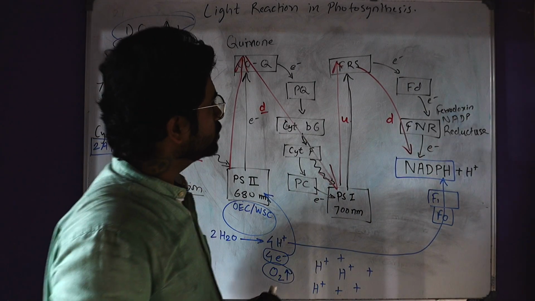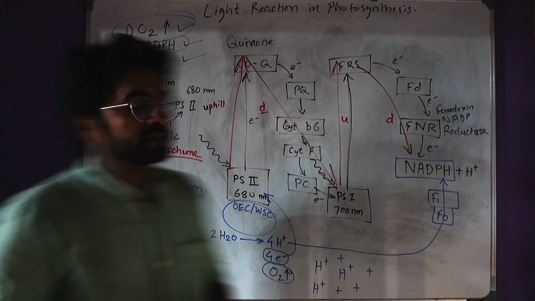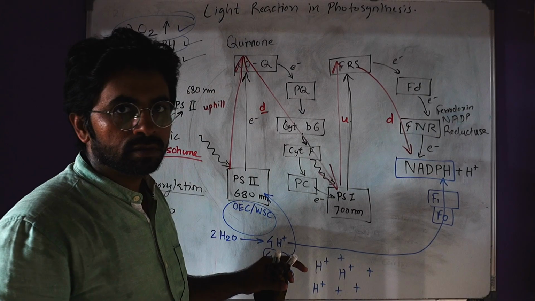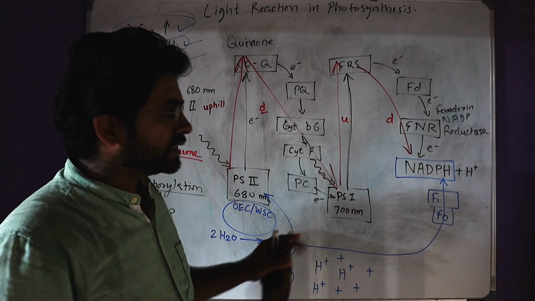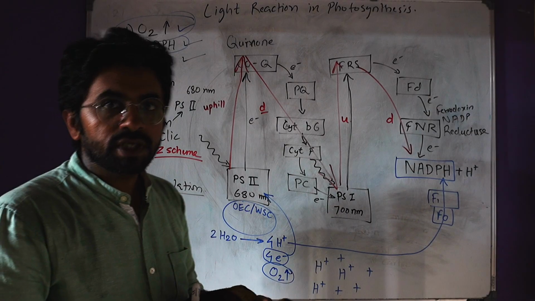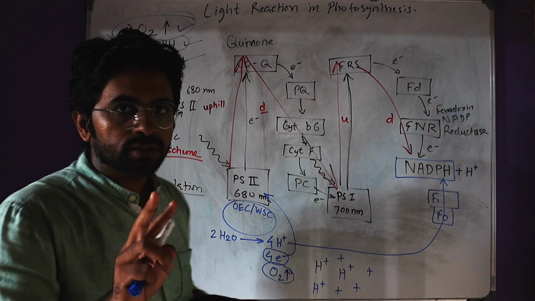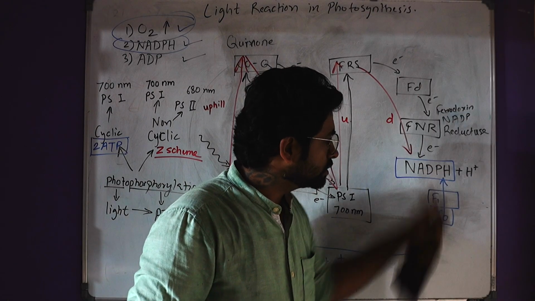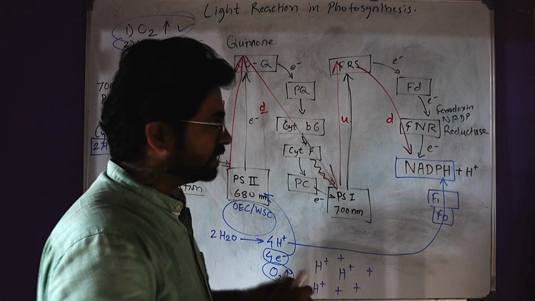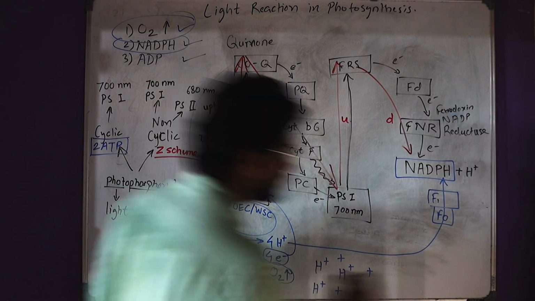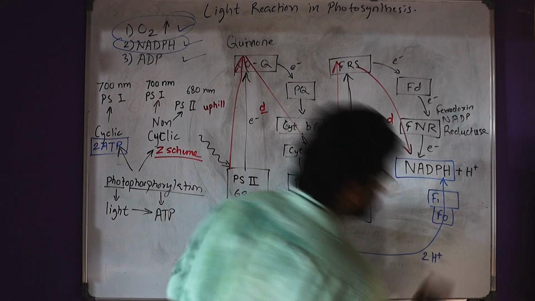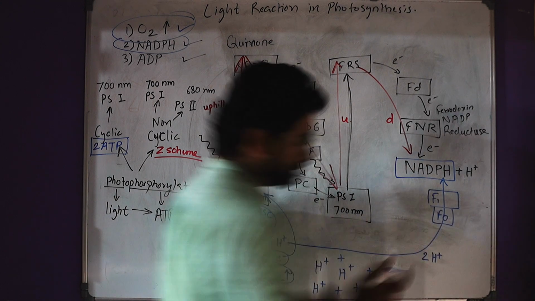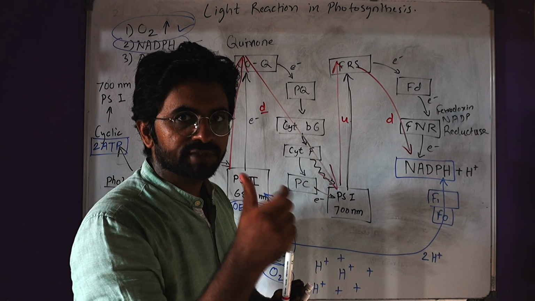So what about the ATP? Pay attention, in cyclic there were two ATPs formed, but in non-cyclic there is one ATP formed if two hydrogen ions, that is protons, travel through this ATP synthase. Suppose two protons travel through F0 and F1, the F1 rotates, so there is a conformational change in F1.